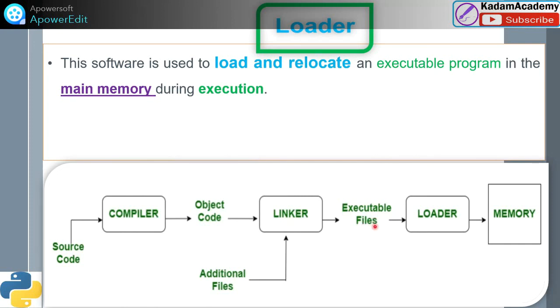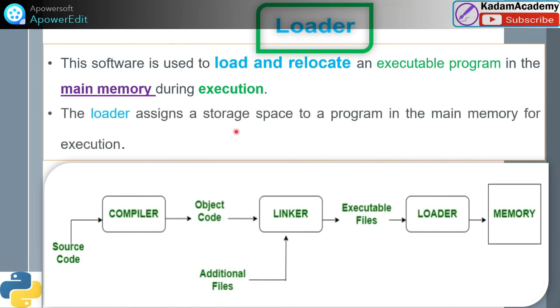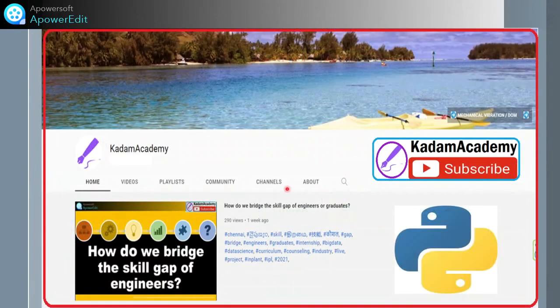The loader then assigns storage space to the program in the main memory for execution. These are the three main steps, and this is how it works for machine language and high level language.